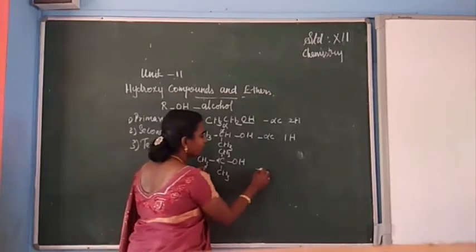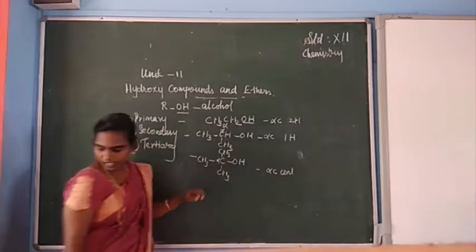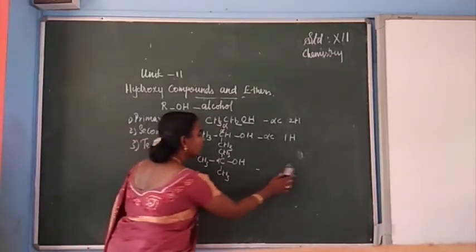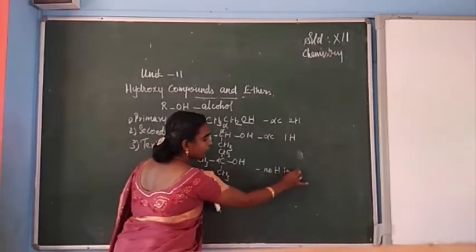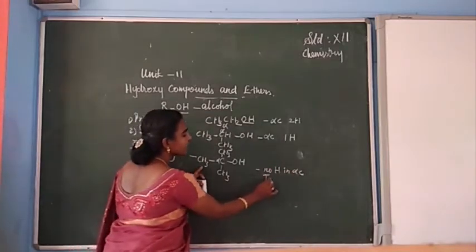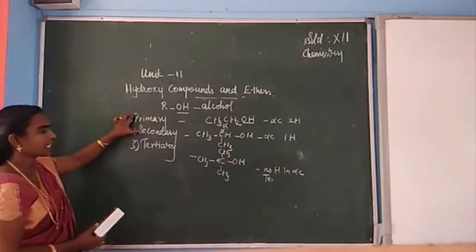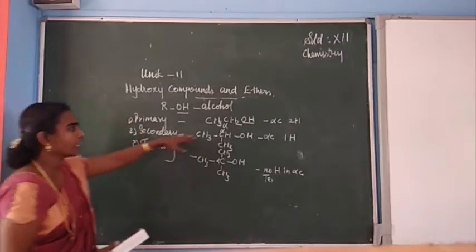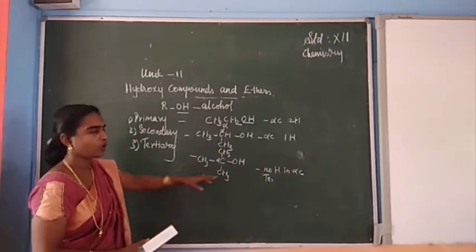If there is no hydrogen in the alpha carbon, we call it a tertiary alcohol. Is it clear? Primary alcohol, secondary alcohol and tertiary alcohol. We have written the examples like this.